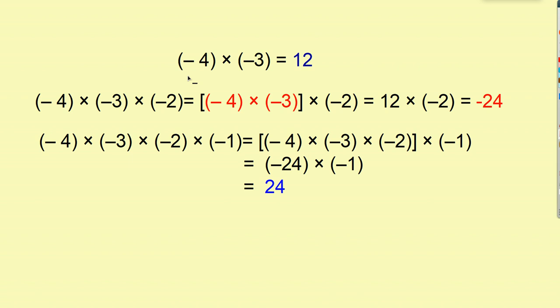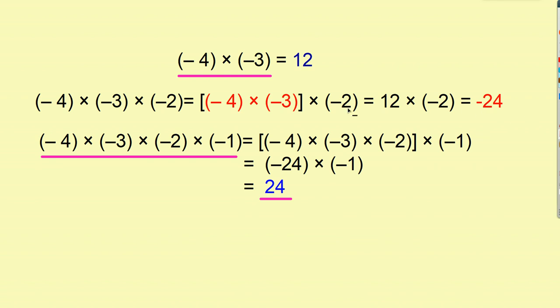That is, if the number of negative integers in a product is even, then you are getting positive. Here the answer is positive. Here also even number of integers in this product. So answer is positive. Now if it is odd number of integers in a product, then you will get a negative. That means 3, 5, 7, 9 numbers are there in a product, your answer always will be negative.